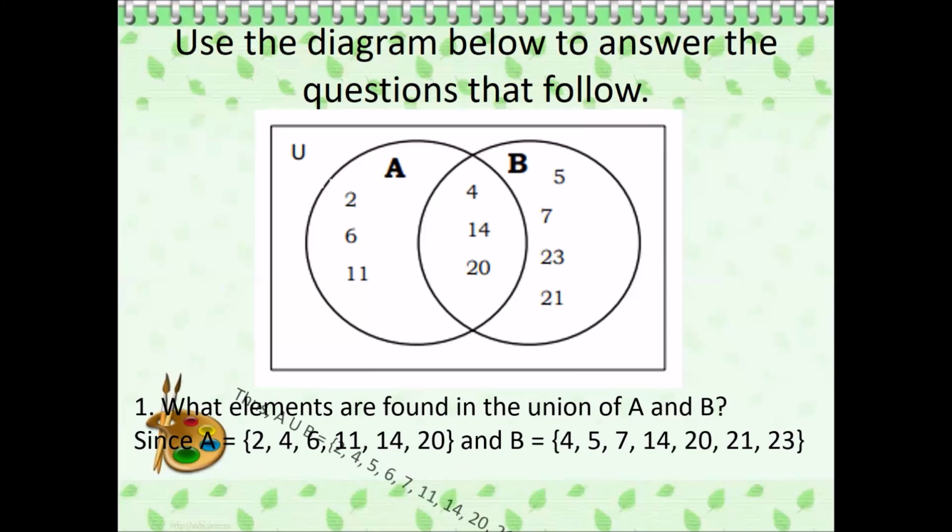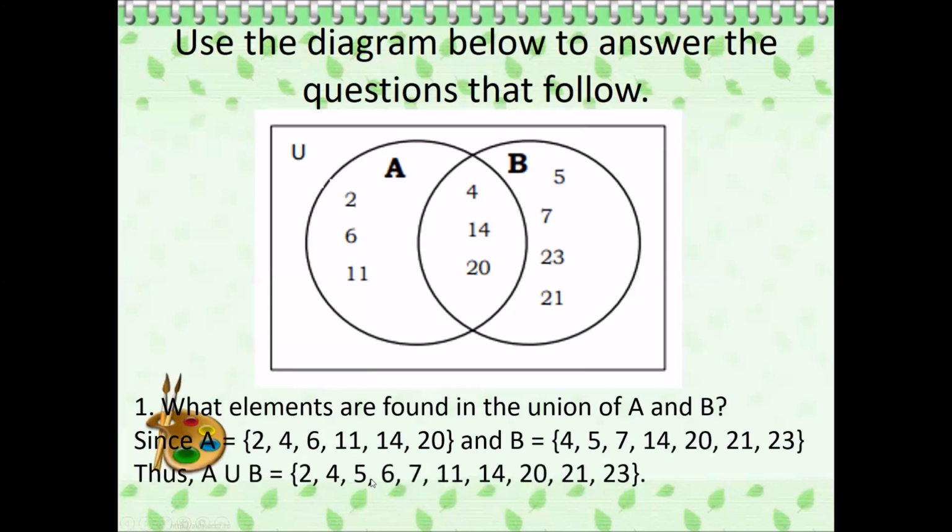So we have 2, 4, 5, 6, 7, 11, 14, 20, 21, and 23. So this is how to identify the elements of the union of any sets.